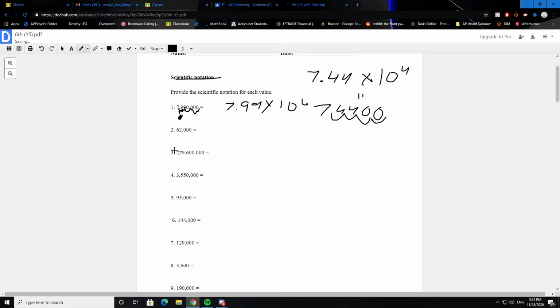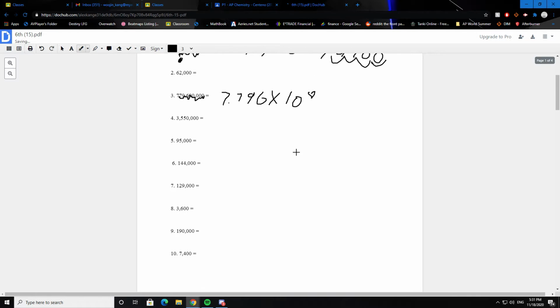So you put the dot there. That's what you want to do. And in order to find the exponent, 1, 2, 3, 4, 5, 6, 7, 8. I apologize, it's really messy, but 8. So 7.796 times 10 to the power of 8. All you gotta do. Very easy once you get the hang of it.